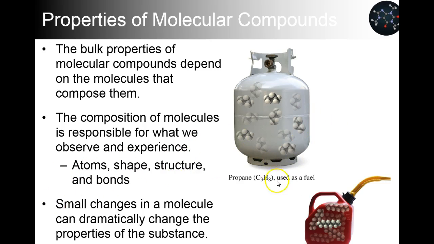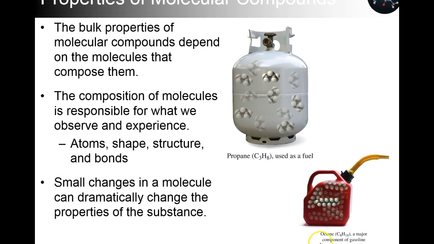The first example they use here is propane, which is C3H8. We've got carbon and hydrogen, there's no metal in there, and it's used as a fuel. But if I change it to C8H18, this is octane, which is pretty obvious because I have 8 carbons in here.